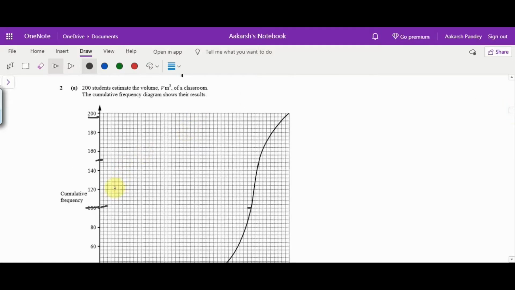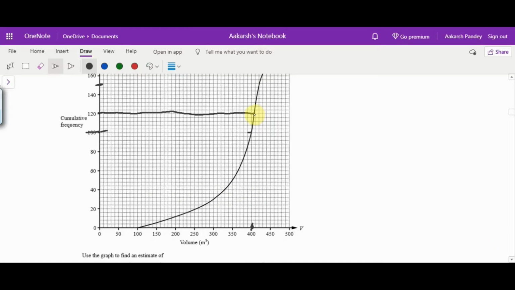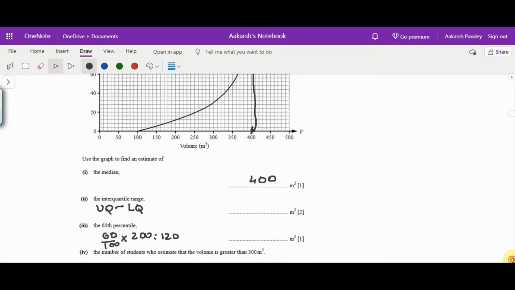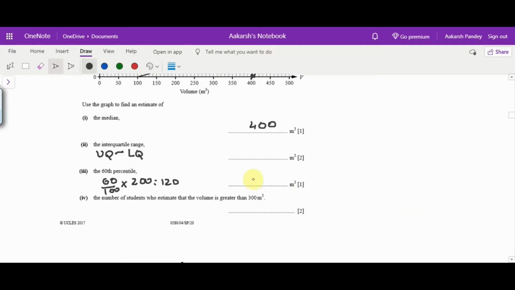So here I'll mark 120 and drag a line till where my data point matches that 120. Now I'll find the corresponding actual value which corresponds to the 120th term. It is somewhere 410 meter cube. So it turns out to be 410.